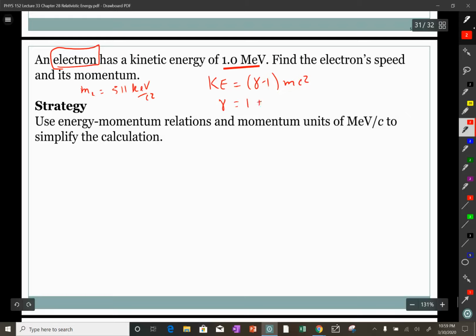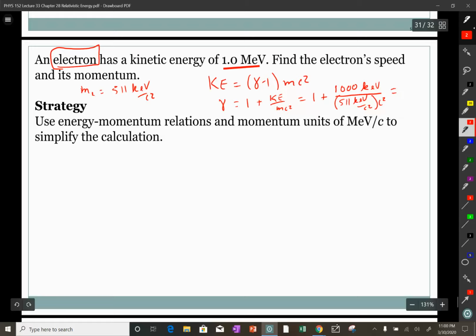Gamma is 1 plus kinetic energy over mc squared. We did that equation before, so I didn't derive it again. That equals 1 plus 1,000 kiloelectron volts over 511 kiloelectron volts per c squared times c squared. Notice I had to have the same unit, so I changed mega electron volts to kiloelectron volts.